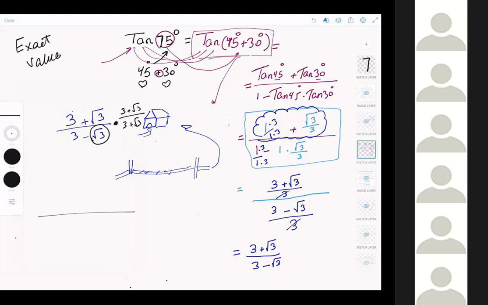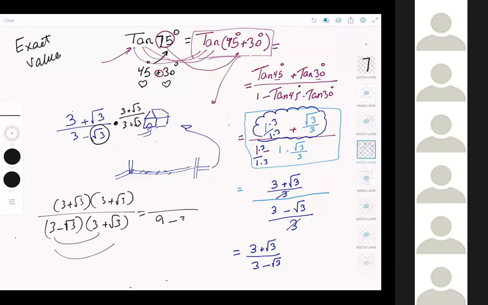The denominator will be 3 minus root 3 times 3 plus root 3, and the numerator 3 plus root 3 times 3 plus root 3. In the denominator, when you FOIL it, you get 9 minus 3, which is 6. At the top, you're going to have... We will work on this on Wednesday.